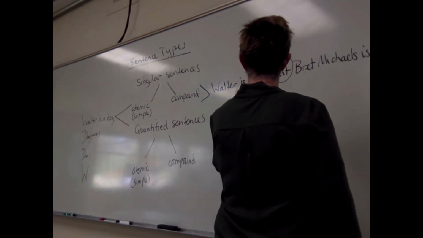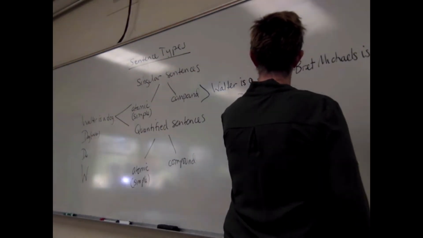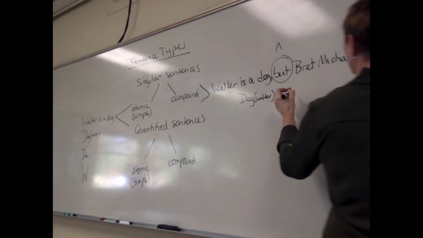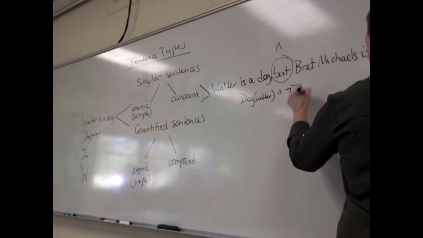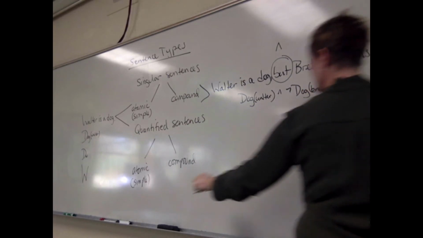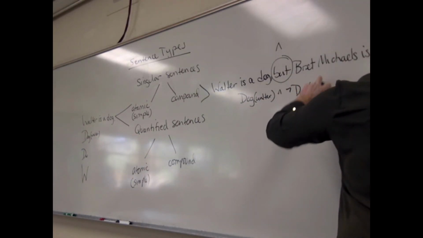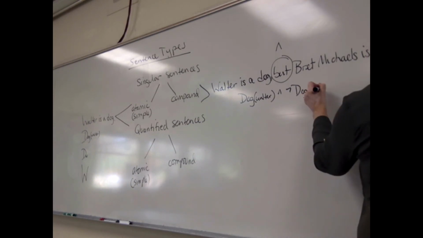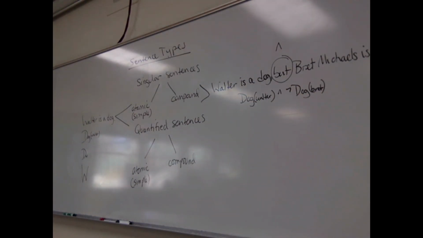So dog, Walter, but it's not the case that dog, Brett, Michaels. Oops, sorry. One T. And I'm just going to use Brett instead of the whole name, Brett Michaels. I could have done the same with Walter because really it's Walter Westhaven, but we go by first names, right?